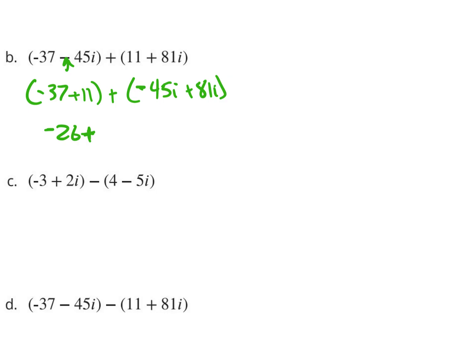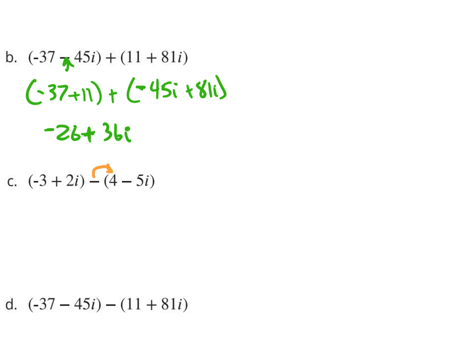Let's see. Borrow from the 8, and you get 11 minus 5 is 6. 7 minus 4 is 3. So -26 plus 36i.